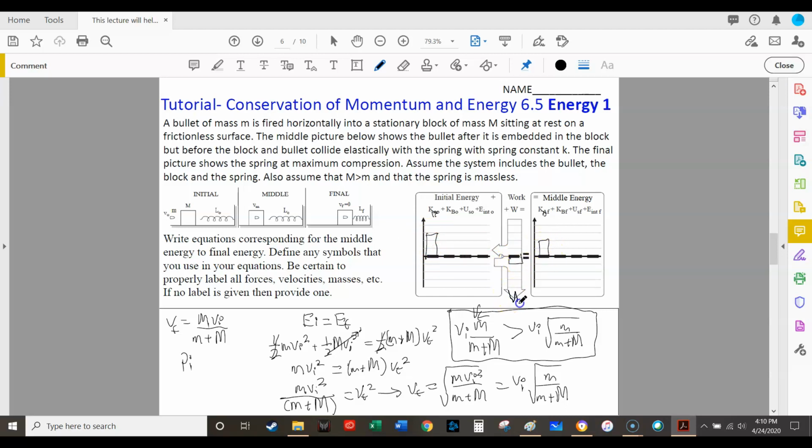That means energy was leaving, usually as thermal energy or some type of work leaving the system. So my point is that you cannot use conservation of energy to solve a problem with inelastic collisions for a collision process.